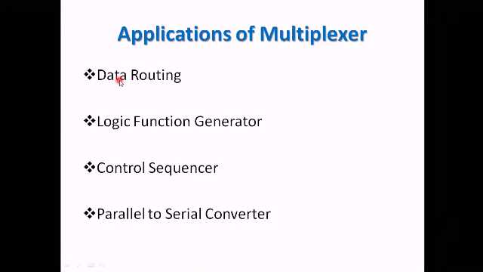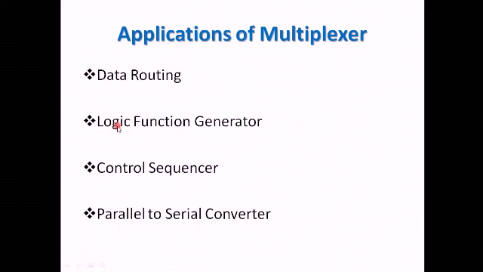Some of the fields where multiplexing finds immense use are data selection, data routing, operation sequencing, parallel to serial conversion, waveform generation, and logic function generation. Now let us first start with data routing. Multiplexers can be used to route data from one of several sources to one destination.